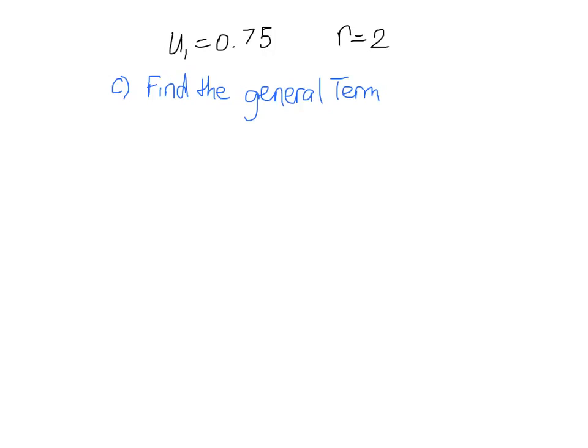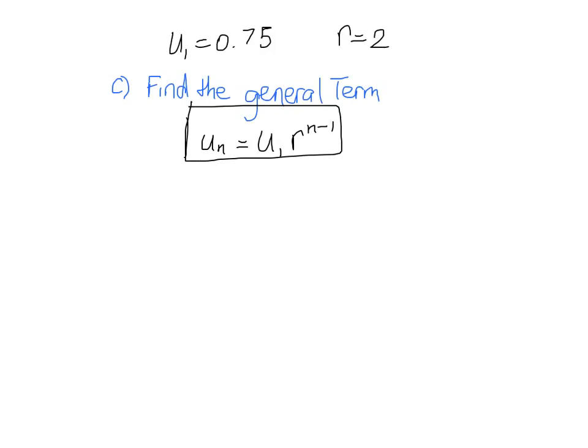The final part of our question asked us to give the general term. Once we know u1 and r, that is very simple. We just have to go back to the original general term formula, which is un equals u1 times r to the n minus 1. That's not the actual answer in this case.